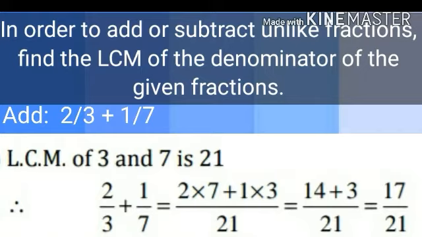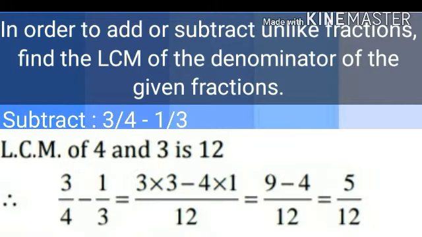So 7 into 2, 14. Now we have to repeat the same process in the second fraction. 7 3s are 21 and 3 1s are 3. We get 14 plus 3 is equal to 17. So 17 upon 21. So 2 upon 3 plus 1 upon 7 is equal to 17 upon 21.